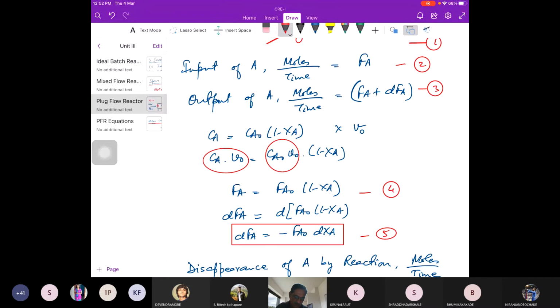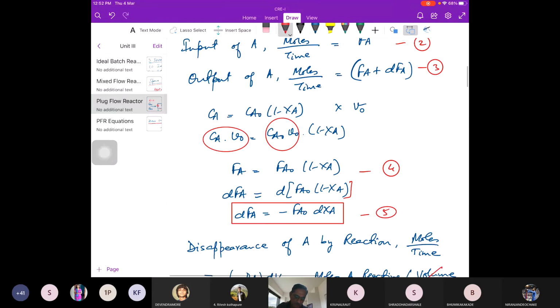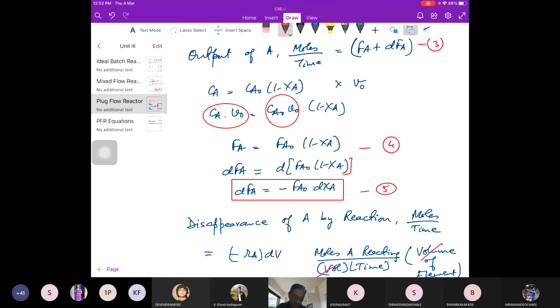And if we take dFA, derivative of this FA is equal to nothing but derivative of FA naught into 1 minus XA. And that gives us dFA equal to minus FA naught, because FA naught is constant, into dXA. ठीक है, equation 5.